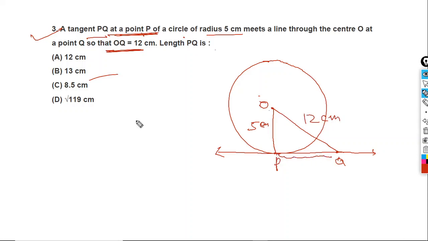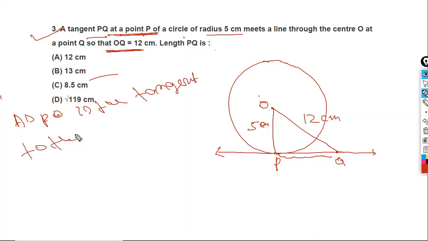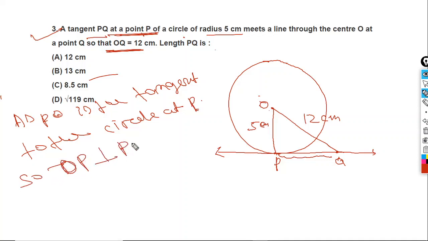Now you see, as PQ is the tangent to the circle at P, so OP is perpendicular to PQ. Why? Theorem 10.1.